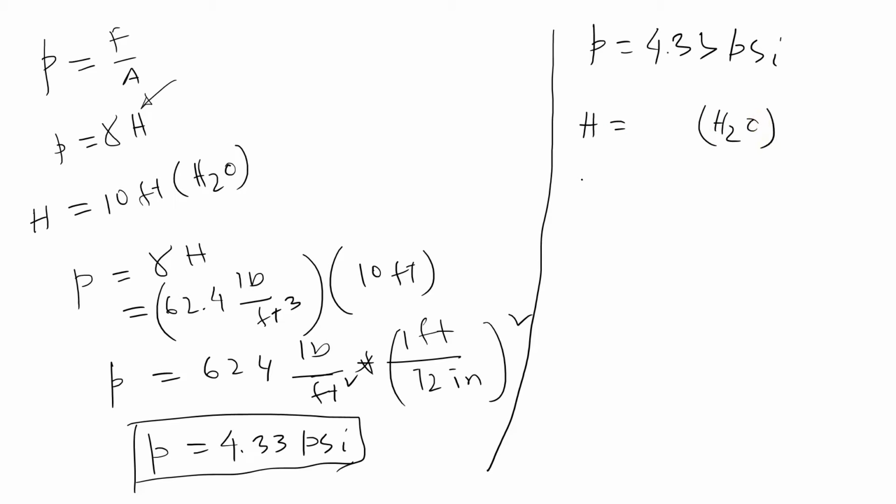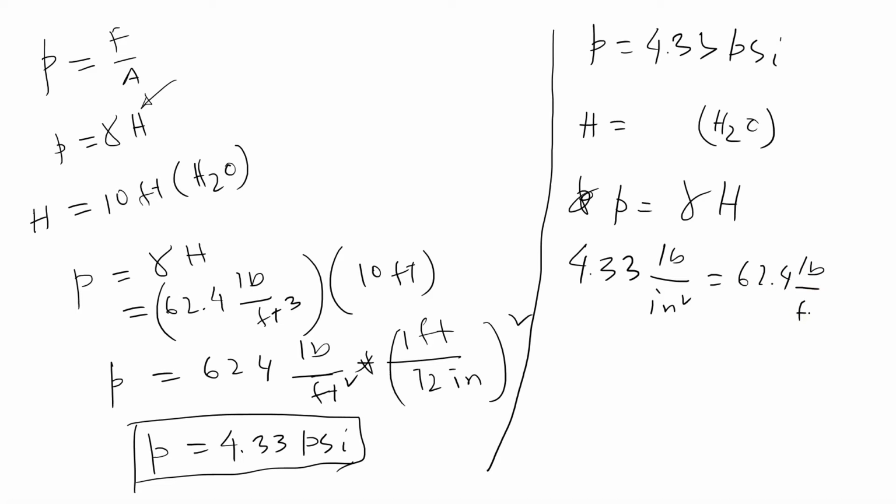So simply use the same equation, P equals gamma H, and the pressure here is given 4.33 pound per inch square, and water gamma is 62.4 pound per feet cube, and then the H that we're trying to find out, you can convert either this foot or this inches.